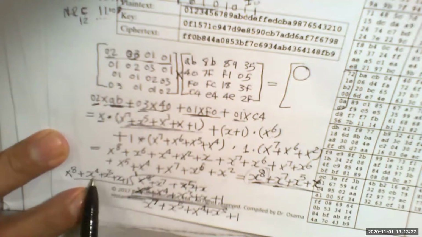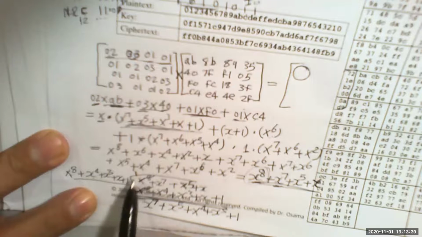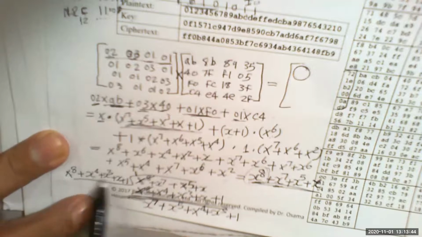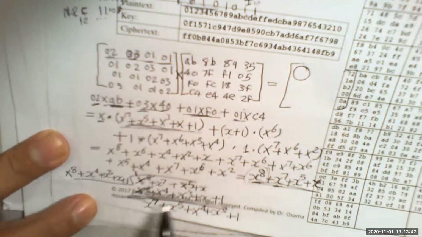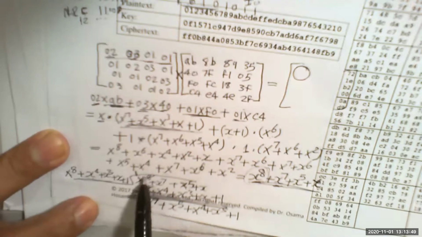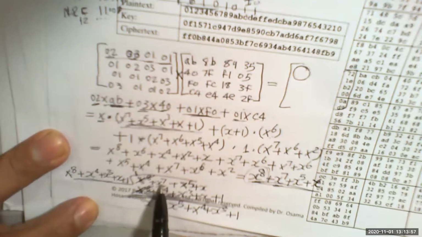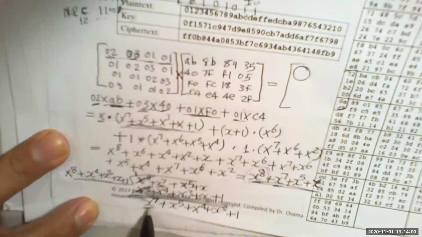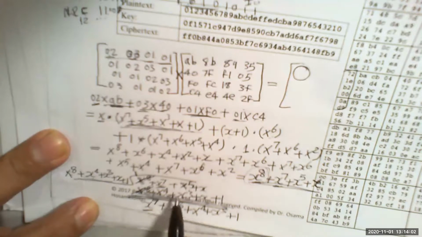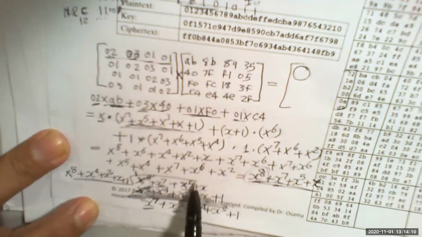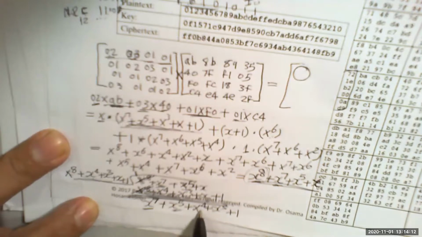So I divide that one by that, so I get 1, because the last power is 8, so I just need 1. So I multiplied 1 by this one and then get the result here. I put that here only. Then XOR operation means if they are similar, I remove them. If they are not similar, for example, x7 is appearing here, not appearing here, so it's included in the result. x5 is included here, but not included here, so it appears in the result. x4 is included down, but not included up, so it appears in the result.